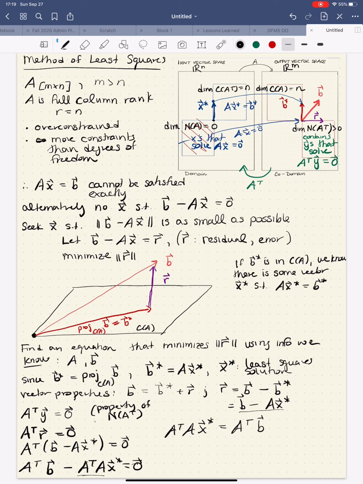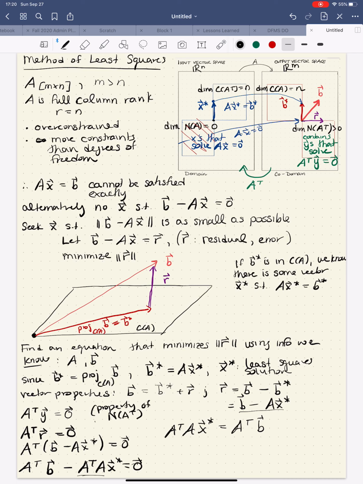Okay, so the last dangerous thing you have to do is figure out how to solve for X star. And don't divide by A transpose A, that is bad. So what we need to do is use inverses. To undo matrix multiplication, we use inverses. And we're not going to do this one at a time, we're just going to do it all in one shot.